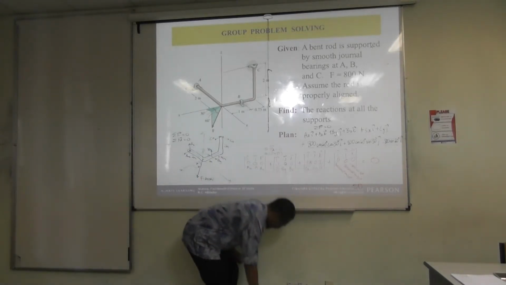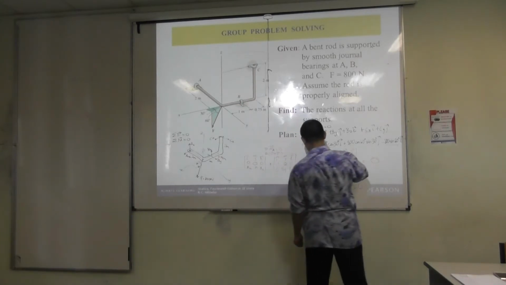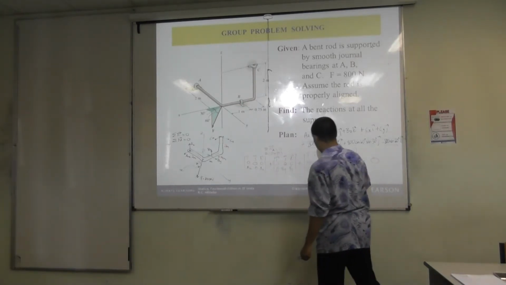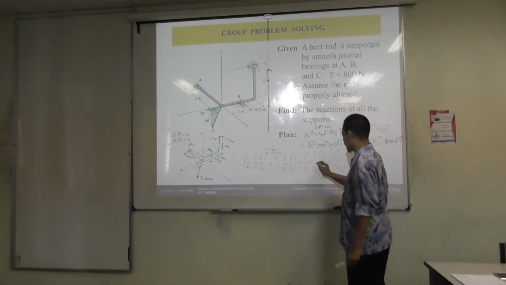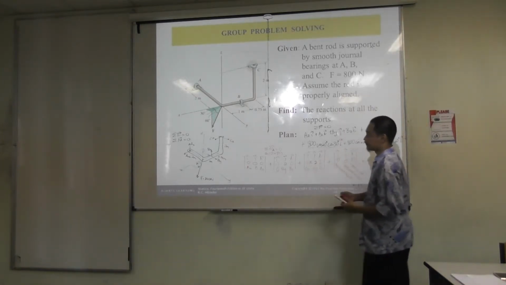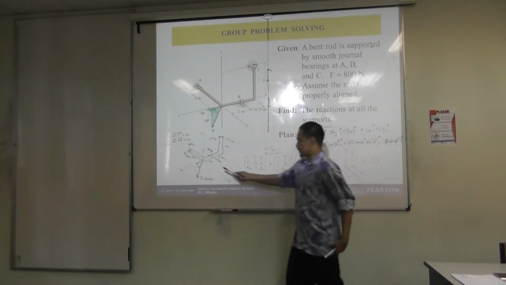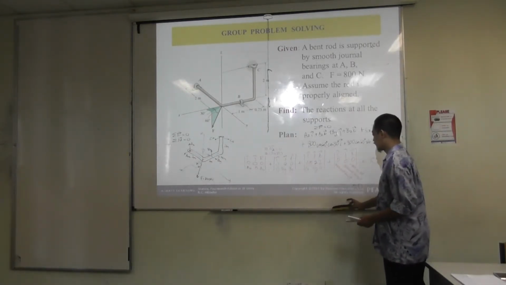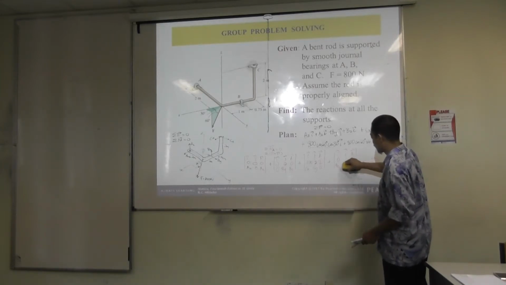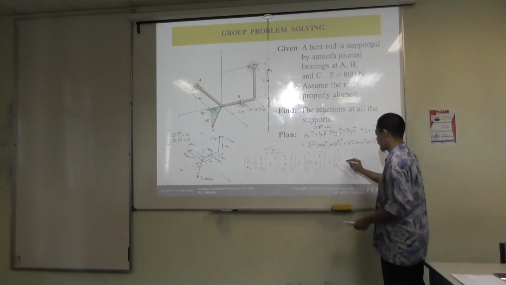What about C? Basically, this will become 2, right? You just add this one here from here, right? And this one? 2 here, right?